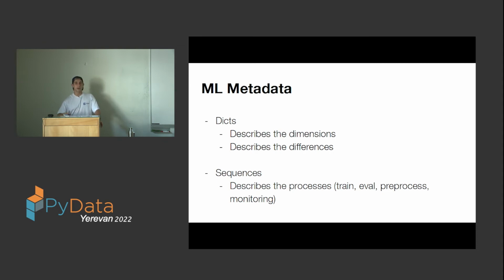Your hyperparameters are an example of that. Your data version is an example of that. Your system environment parameters are another. They also describe the differences between different training runs, evaluation runs, or pre-processing runs, right? And then the sequences are the metrics and the sequences of images, right? So roughly, there are two types of things you could track in the machine learning infrastructure as metadata, which fairly describes your processes.